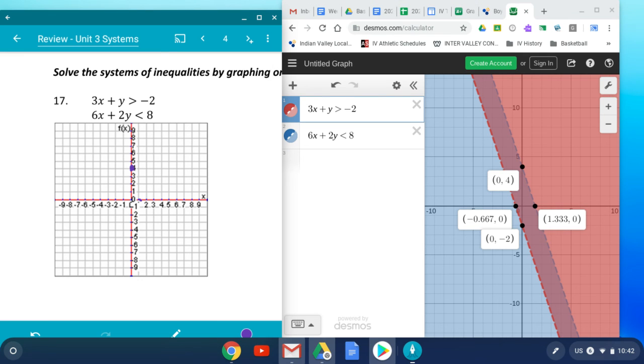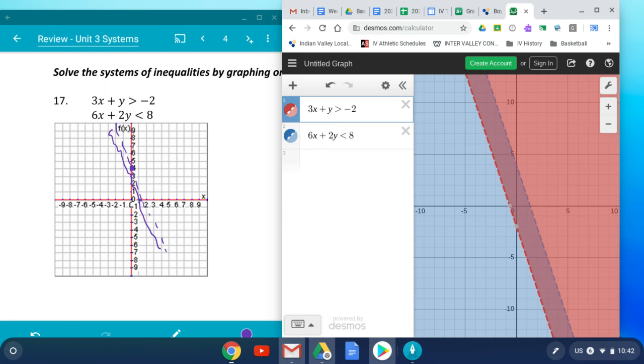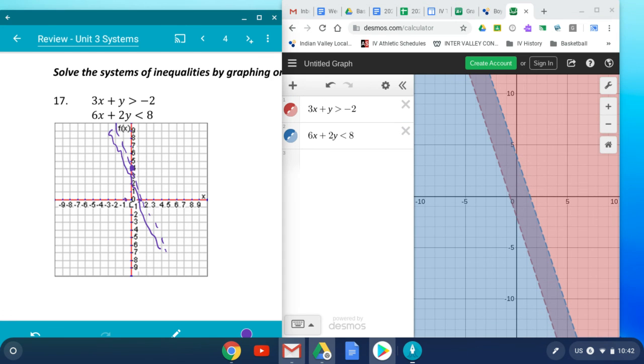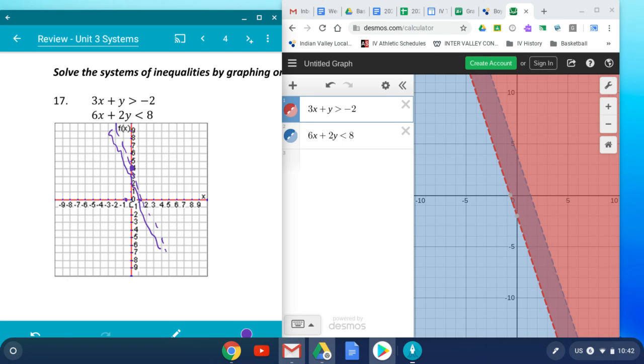And that's a dotted line. And it's shaded below. And then I've got 0.6666 and -2. And again, it's a dotted line. And it's shaded above. So it would look something like that.